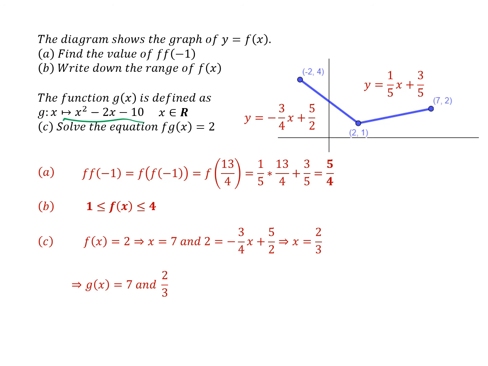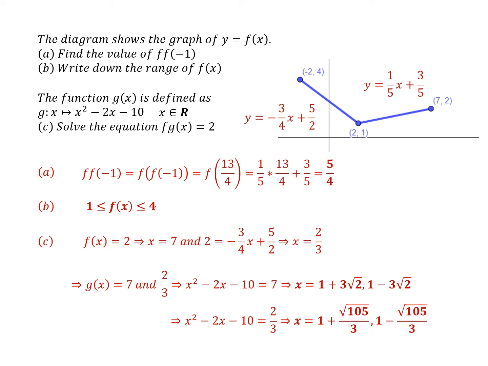So taking the first one means that x squared minus 2x minus 10 equals 7. Popping that into my equation solver gives me two values of x, 1 plus 3√2 and 1 minus 3√2. And when g of x is 2/3, we get x squared minus 2x minus 10 equals 2/3, and then x is those two values there.